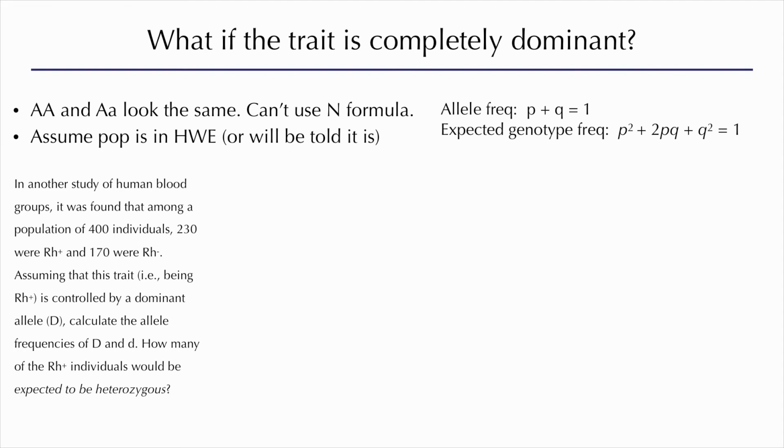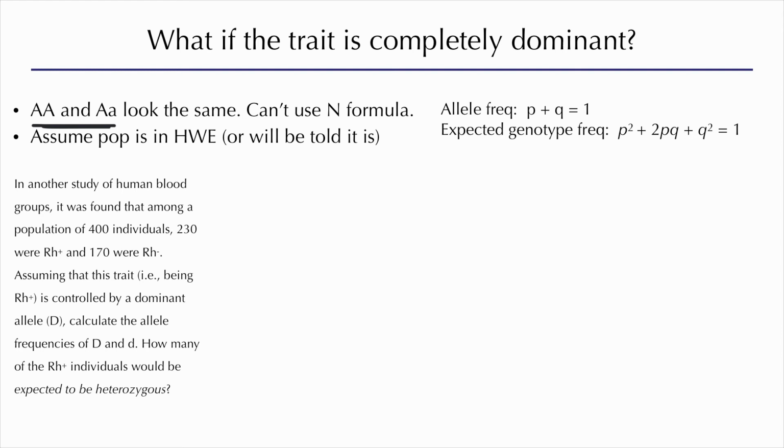Let's look at another problem. Now, if you've paid attention so far, you've noticed that I have given you data for the heterozygote. Either I tell you how many heterozygotes there are in the population, or the heterozygote has a different phenotype so you can discern the difference between the homozygous dominant and the heterozygote. But what if the trait is completely dominant? What that means is that your big A big A and big A little a look the same.